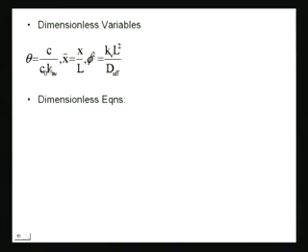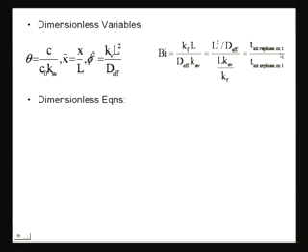Okay. So, let us look at what we have over here. We have theta, which is C over C naught, k V, x hat, which is x over L. We have phi square, which is k V times L square over D effective, and then we have this quantity, the Biot number, which is the ratio of intraphase mass transfer, or in other words internal mass transfer time, over interphase mass transfer, in other words external mass transfer time.